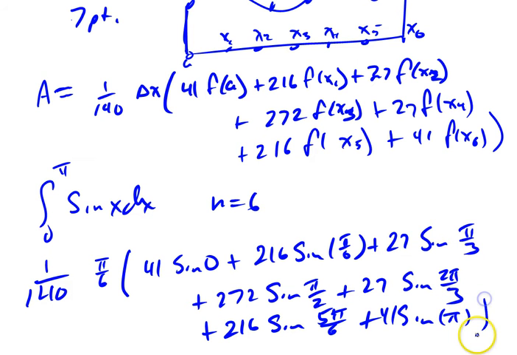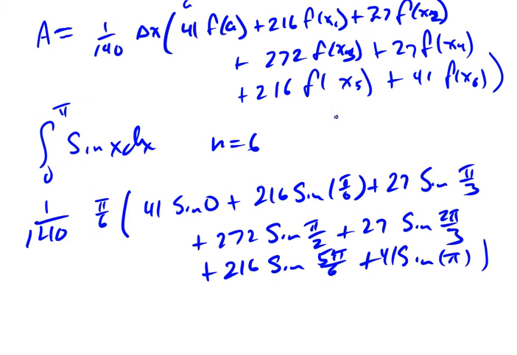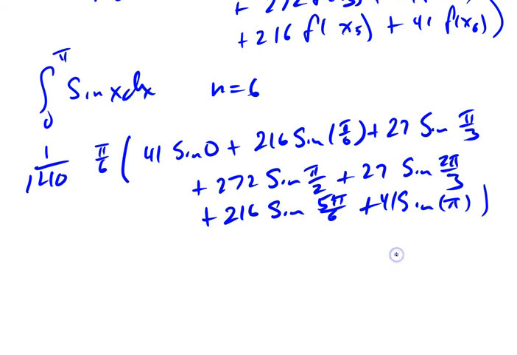This to me is just crazy. It's like I'm going to take 6 function values and I'm essentially taking a weighted average. I'm adding these things all up, but I'm multiplying them by different things and then dividing by something in the end here. Multiplying by a little width and essentially getting the area. Why is it that this y value is worth 216 when this one's only worth 27?